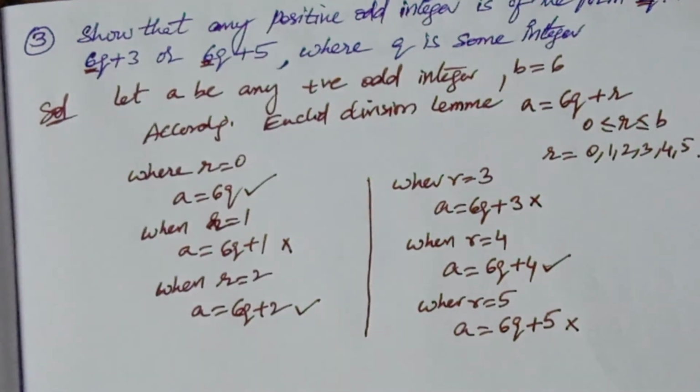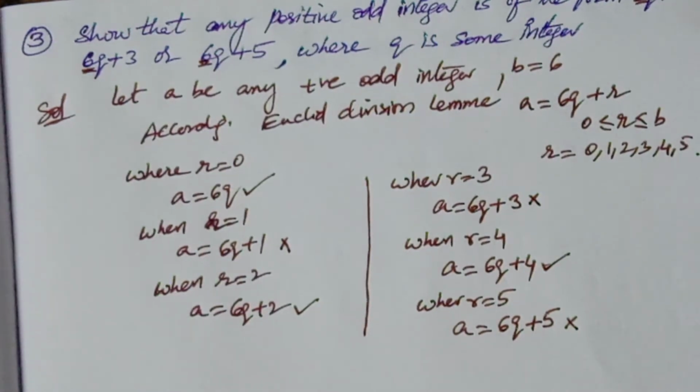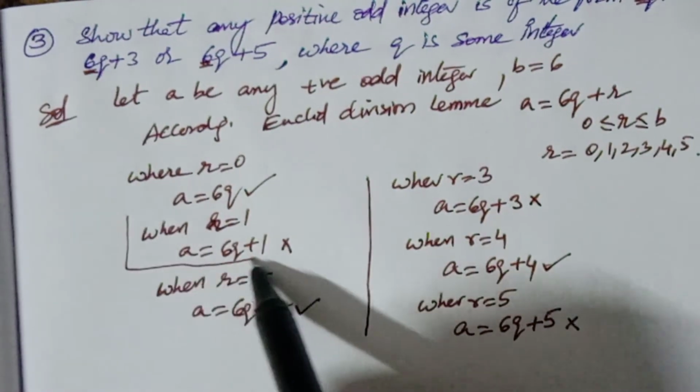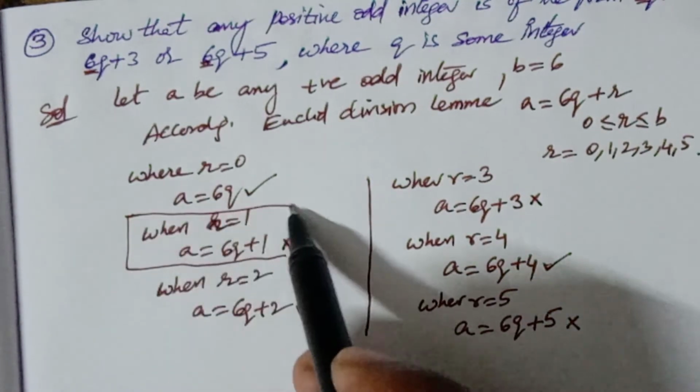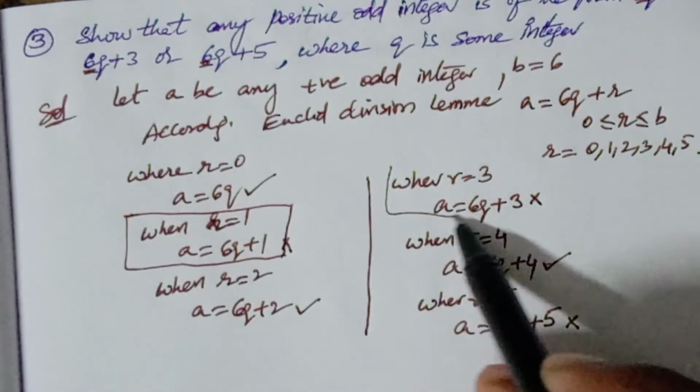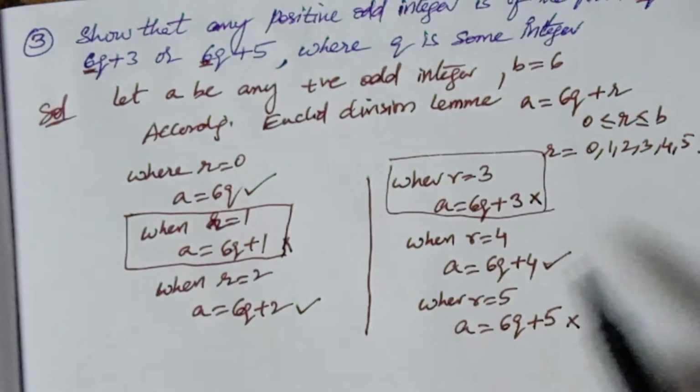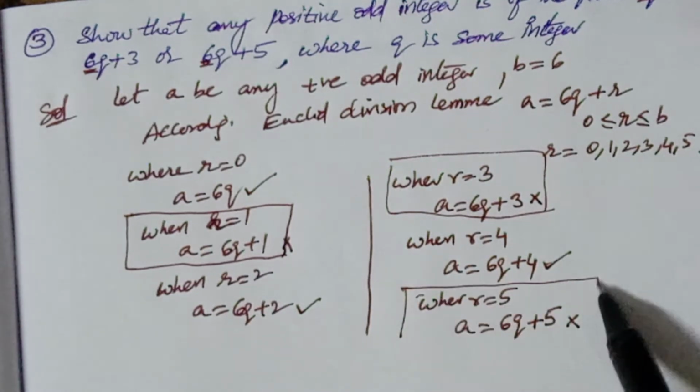So therefore I can say this value is odd. This is also odd, a value. This is also odd.